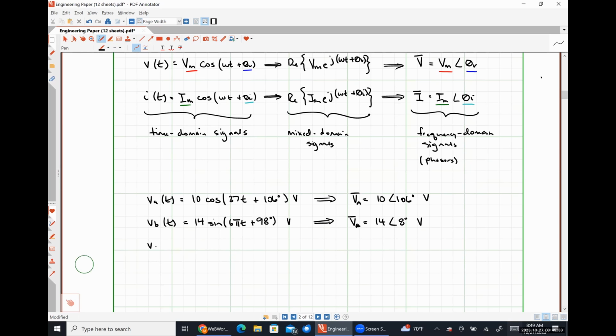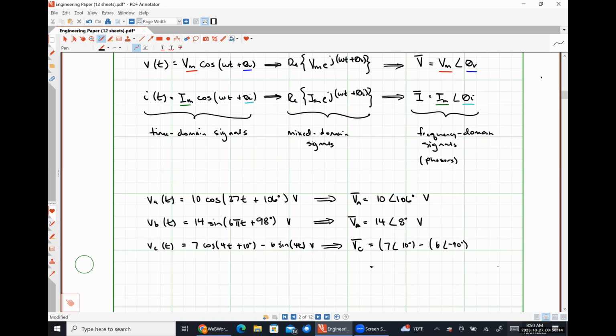What if we had V C that was 7 cosine 4t plus 10 degrees minus 6 sine 4t volts? I would do this by saying that I have 7 angle 10 minus 6 angle negative 90.